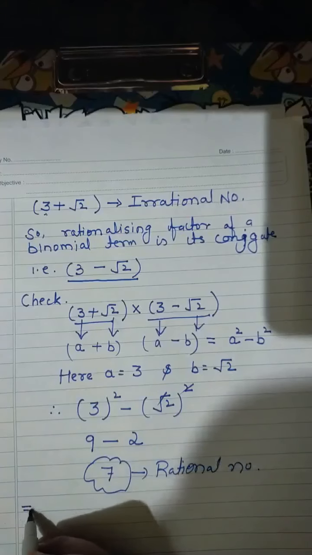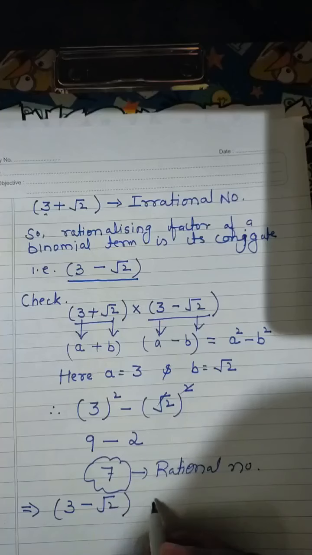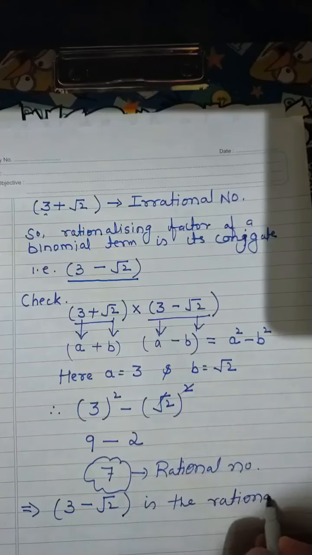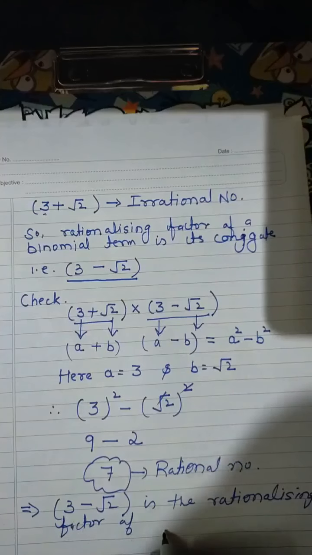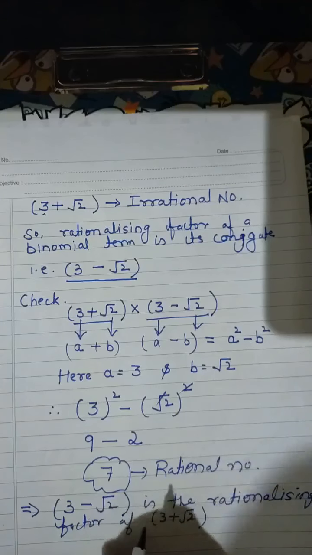It implies that 3 minus square root 2 is the rationalizing factor of 3 plus root of 2 and vice versa.